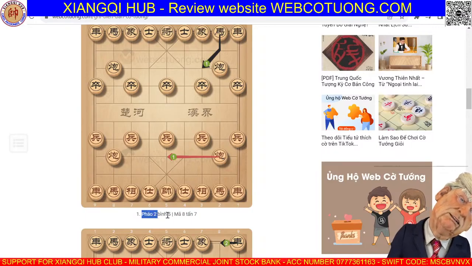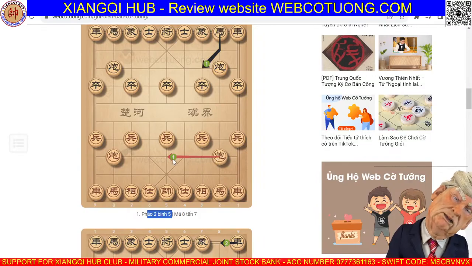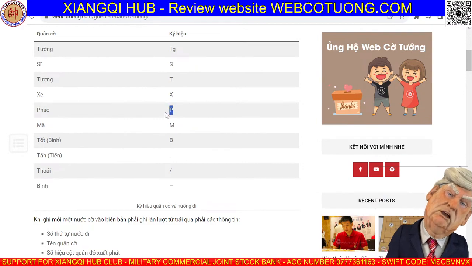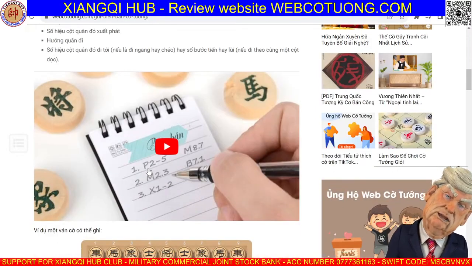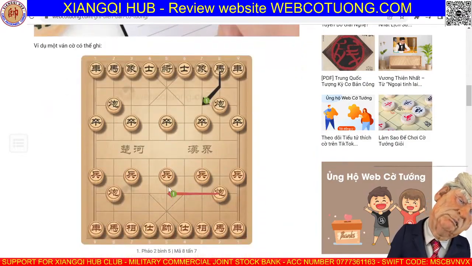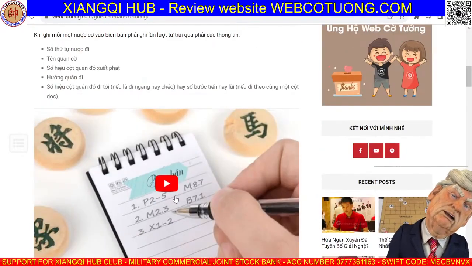You see cannon 2 goes horizontally from line 2 to line 5, so they use P for cannon and the line 2, and we go horizontal. We use the dash, so we write P2-5.